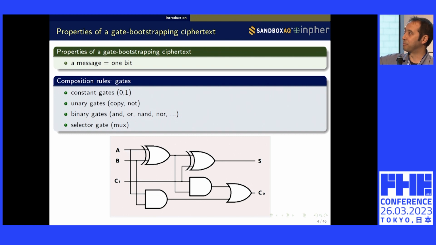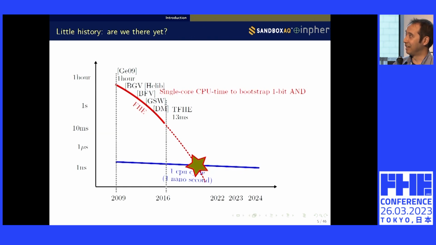So a circuit can use binary gates, MUX, and, or, and once we have this circuit, we would just evaluate it homomorphically, and at some point, if homomorphic evaluation is very fast, then that would solve all the problems. Unfortunately, that's not exactly what happened. This prediction turned out to be wrong.